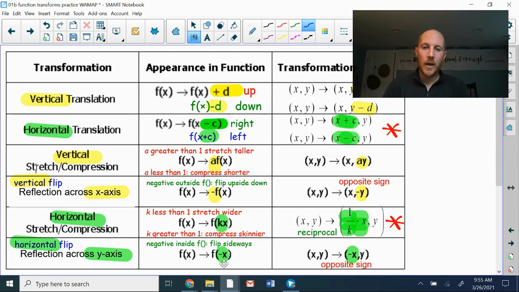And same as what I said before with the vertical, horizontal reflections and horizontal stretch and compression, those are often combined in real life. So I separated them on the note sheet just so we can have the separate name and the separate description. But a lot of times, if there is a negative sign for a horizontal flip or horizontal reflection, you're going to see that combined with a horizontal stretch or compression.